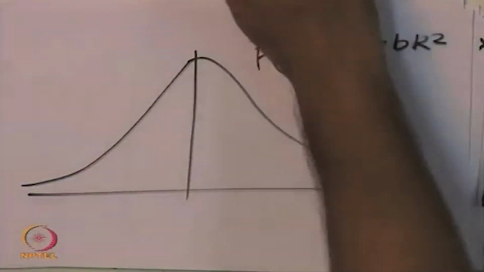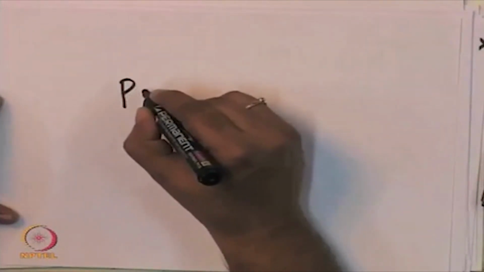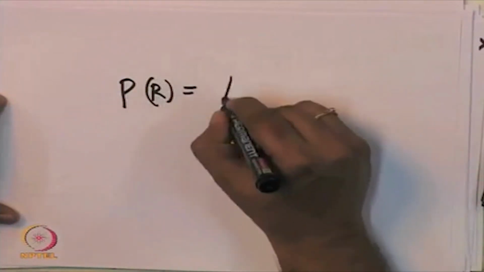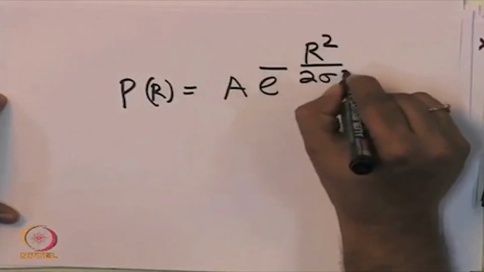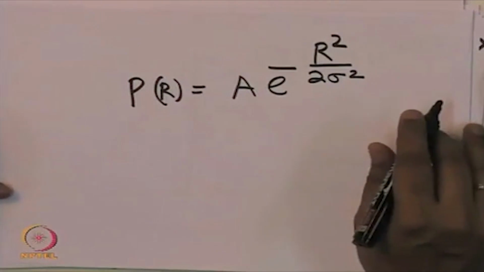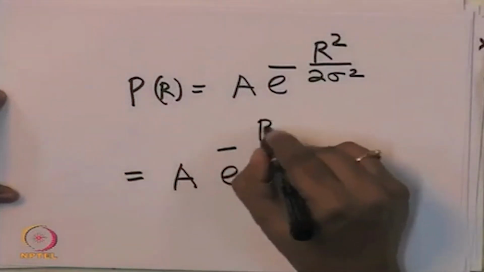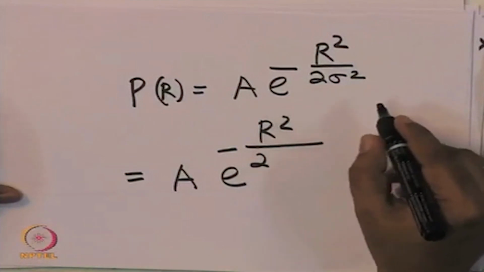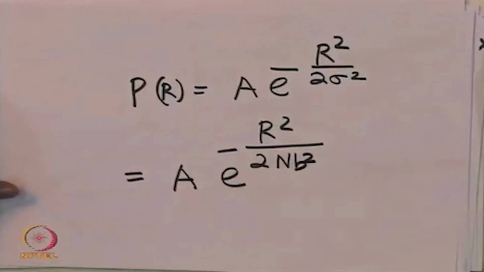If we know the standard deviation and the average, P of r has to be a e power minus r square by 2 sigma square. That is what we learned. Sigma square, we found, is n b square.